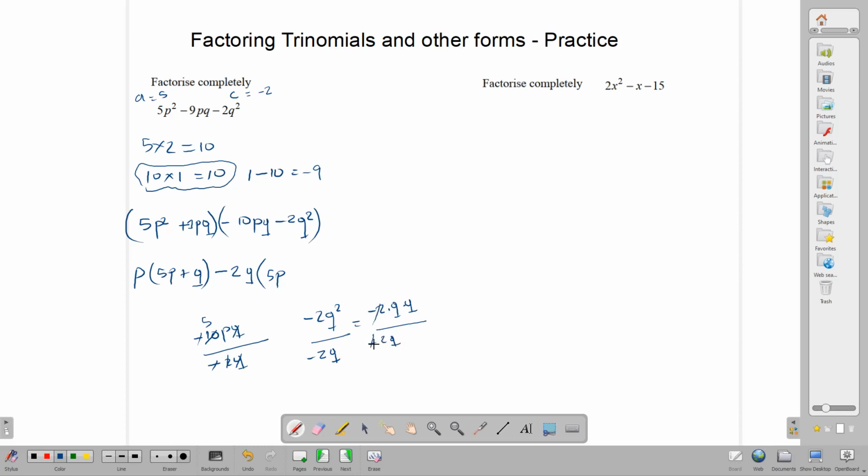The negatives cancel, the 2's cancel, and we're left with a single q. So our answer becomes, writing the outside factors together, p minus 2q and 5p plus q.